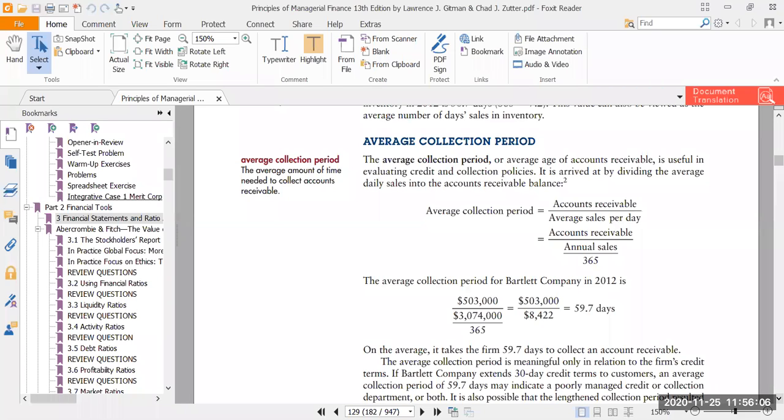Putting it in the denominator, we get 59.7 days. It means your average collection period is around 59.7 days. It shows that if you sell something on credit today, you will receive cash on average against this particular credit sale in 59.7 days, which is around 60 days.